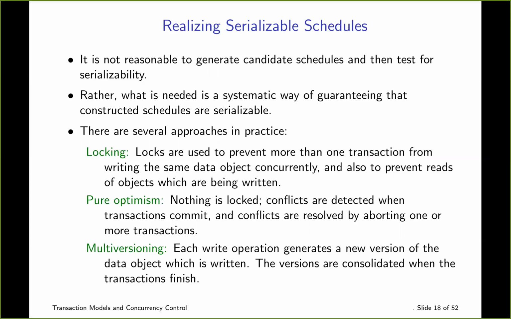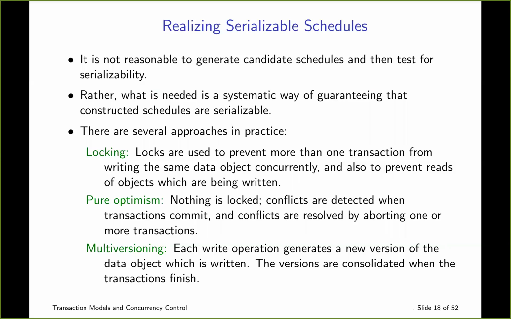It's pretty clear that we don't want a situation where we look after the fact at a bunch of transactions that went after data, made changes and did their reads and writes, and then later, post facto, we declare whether or not it was a serializable schedule. That doesn't make any sense because we've already let people do the work, and now we're violating durability because they thought the work was done, but we've noticed that actually wasn't a serializable schedule, so we have to back away from it.